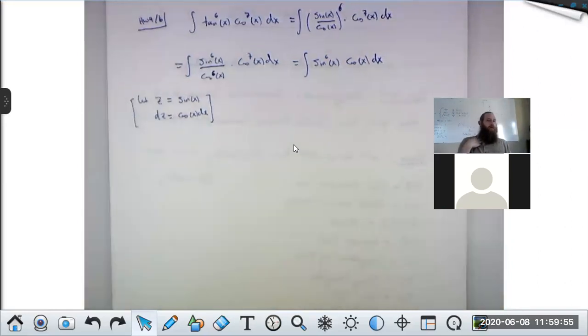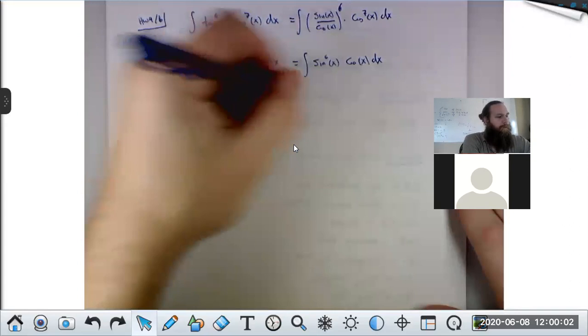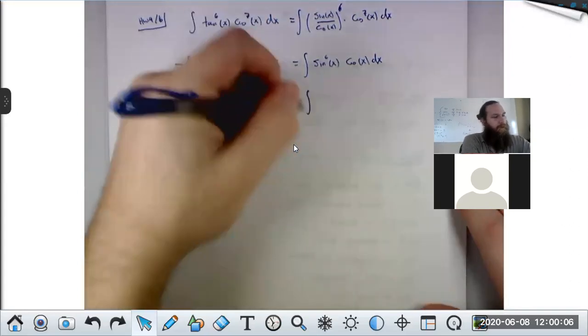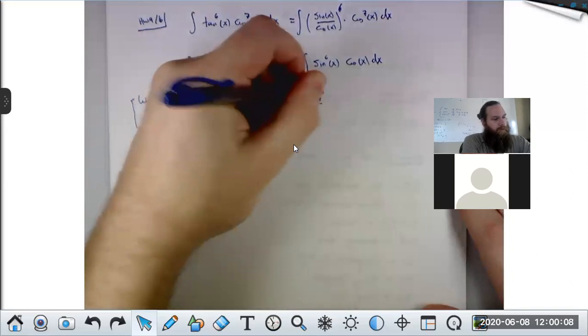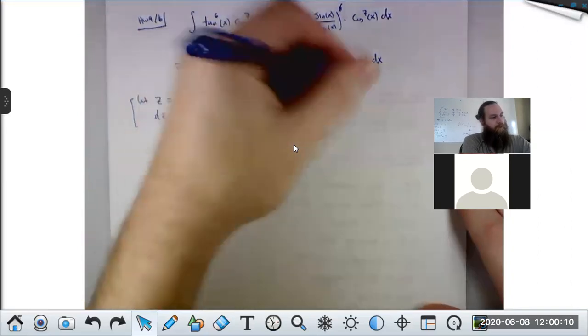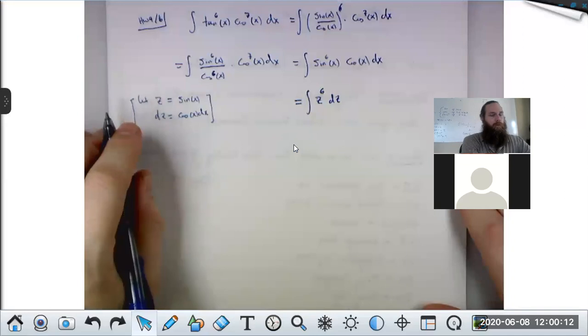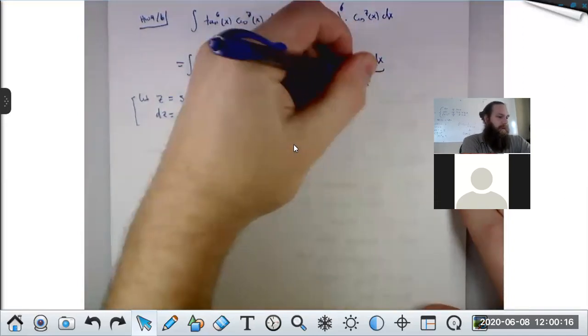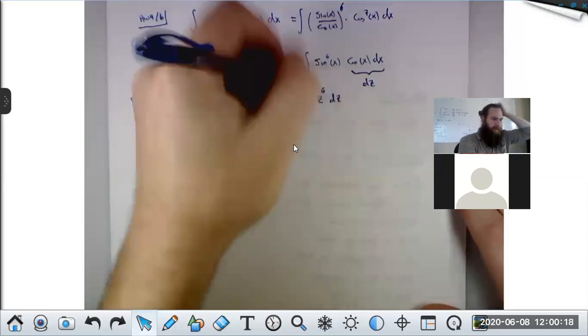So the whole game here is really just writing tangent as sine over cosine. All right, once we do that, this turns into a fairly straightforward substitution problem. Under this substitution, this integral just becomes z to the 6 dz, because cos x dx, that's dz, and sine is z.